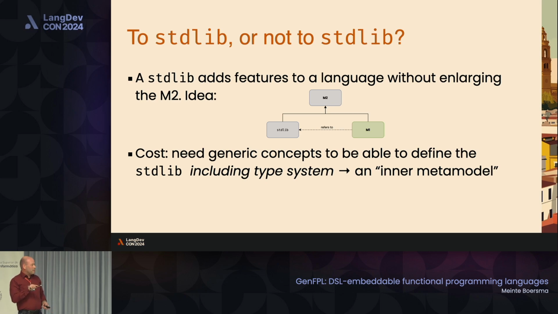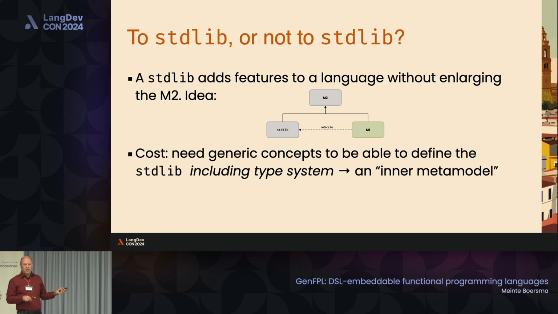The idea here is that you push a lot of your complexity away from your meta model towards the standard library. We see that with languages like Java, especially Java, that there is a small number of concepts in the language's meta model, but the standard library is huge.